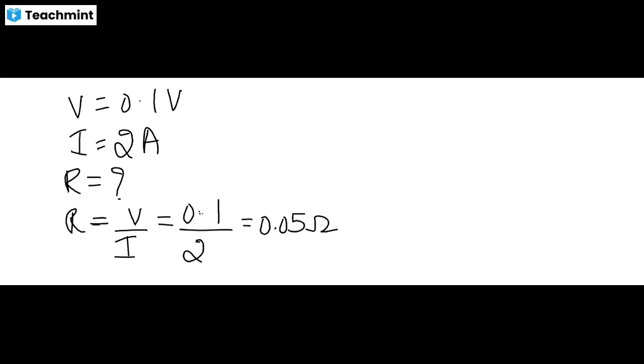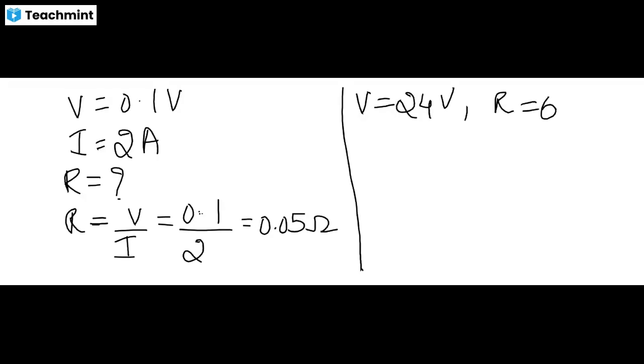Okay. The next question. A simple electric circuit has a 24 volt battery. Battery is given 24 volts, and a resistor of 60 ohms is connected. What will be the current in the circuit?